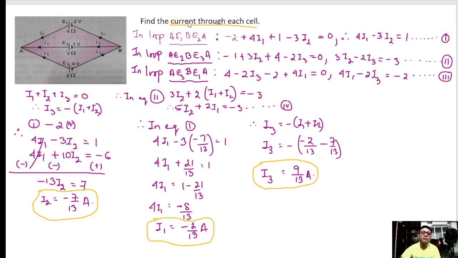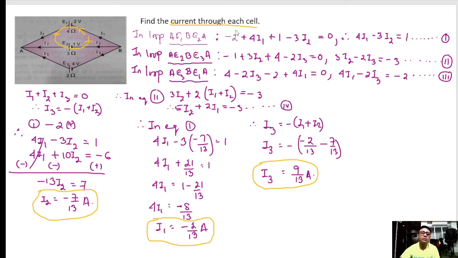Okay. So first of all, let us choose the loop A, E1, B, E2, A. That means we are choosing the loop like this. So negative to positive in the cell we are going.